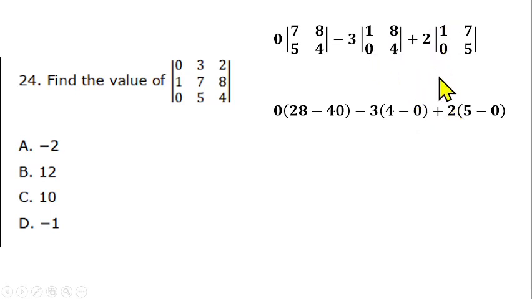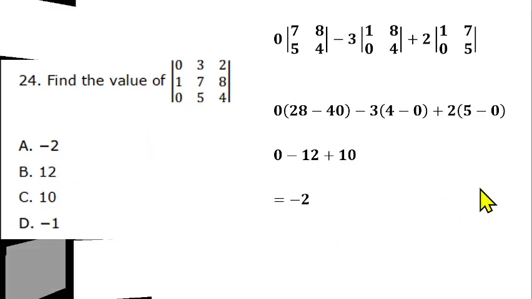Plus 2 into 1 times 5 gives us 5, minus 0 times 7 gives us 0. So everything here will give us 0. We don't need to simplify that further. Then 4 minus 0 is 4, times minus 3 gives us minus 12. Then 2 times 5 will give us 10. So minus 12 plus 10 will give us minus 2. So option A is the correct option for question number 24.